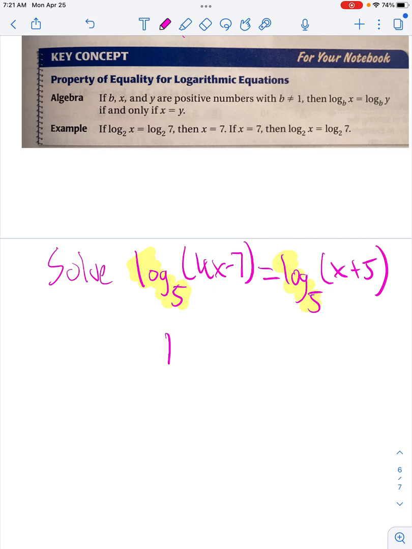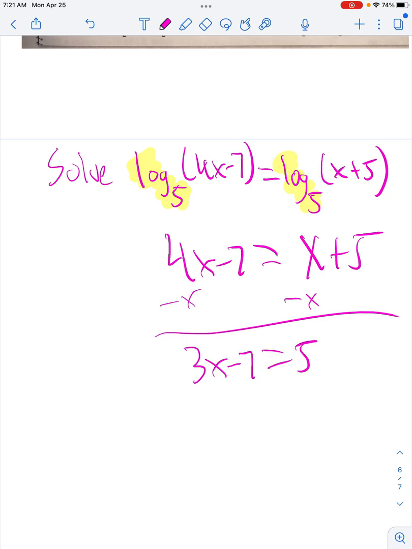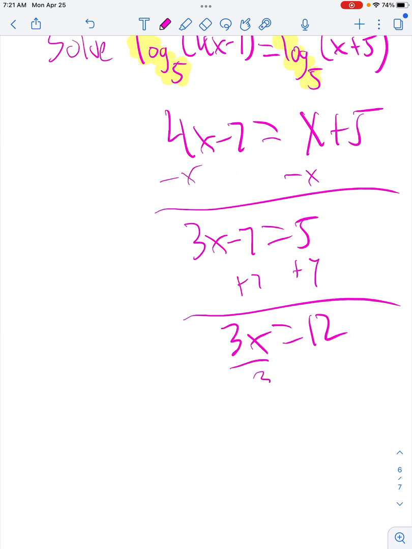So again, I'm trying to determine what this is going to equal. Subtract x: 3x minus 7 equals 5. Add 7: 3x equals 12. Divide by 3, therefore x equals 4.